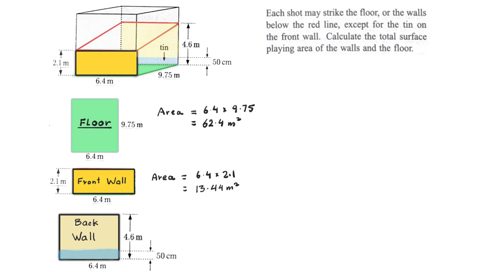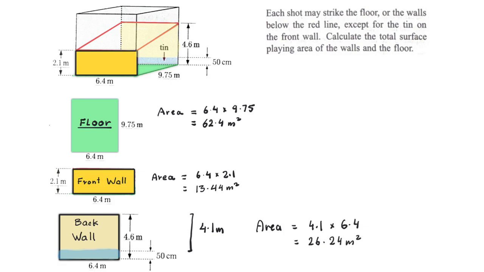And so the height of our wall will now be equal to 4.1 meters. In that case, the area will be 4.1 meters multiplied by the length, which is 6.4, and we'll get 26.24 square meters.